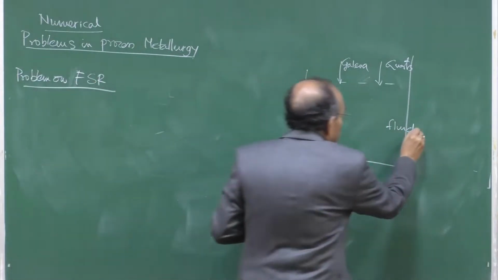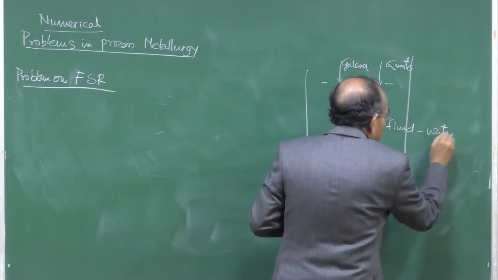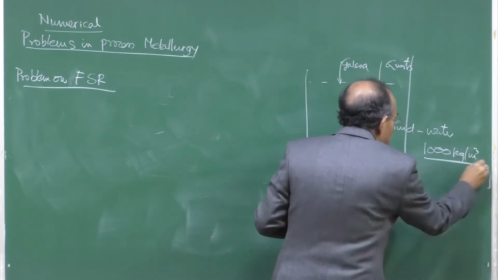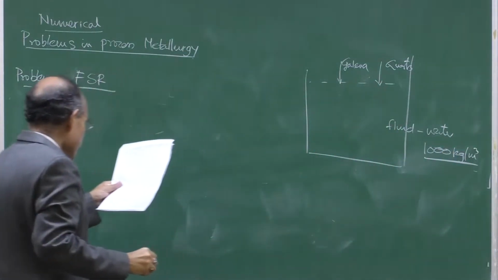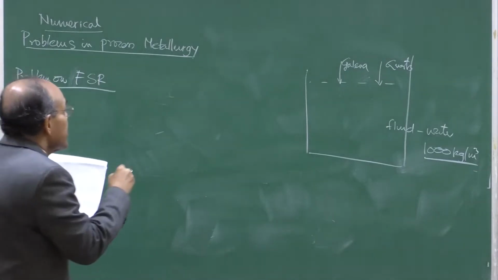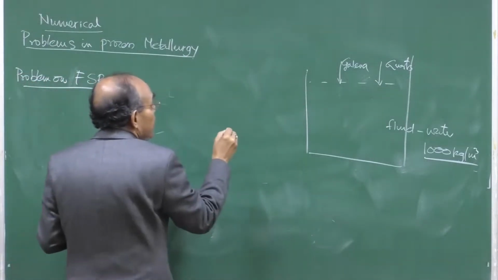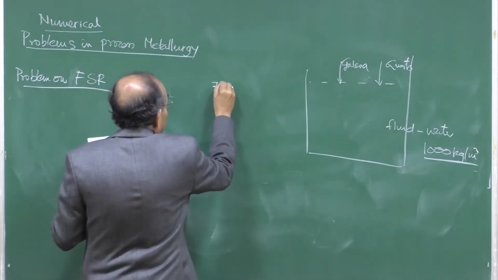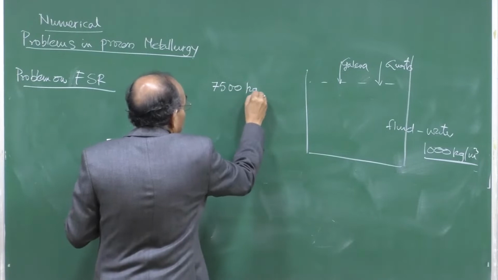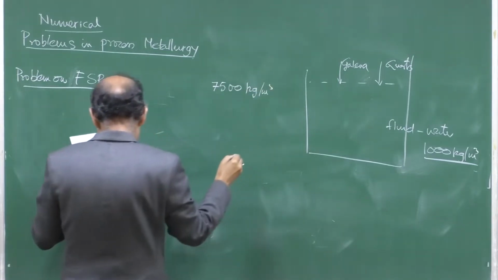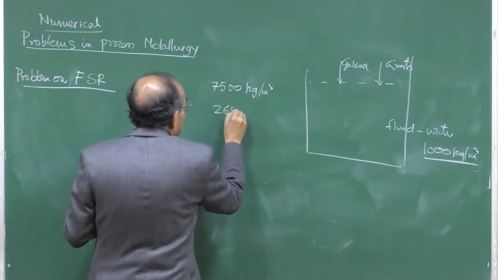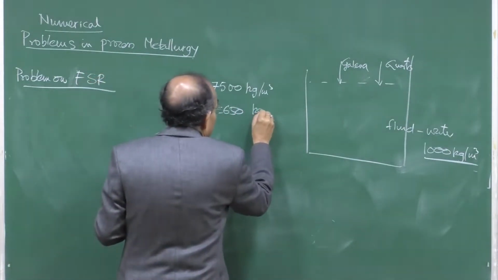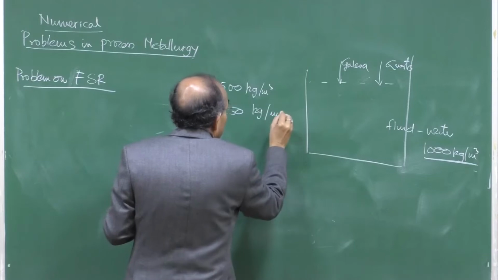So the fluid is water. Water has a density of 1000 kg per meter cube, the density of galena is given as 7500 kg per meter cube, and the density of quartz is given to be 2650 kg per meter cube.